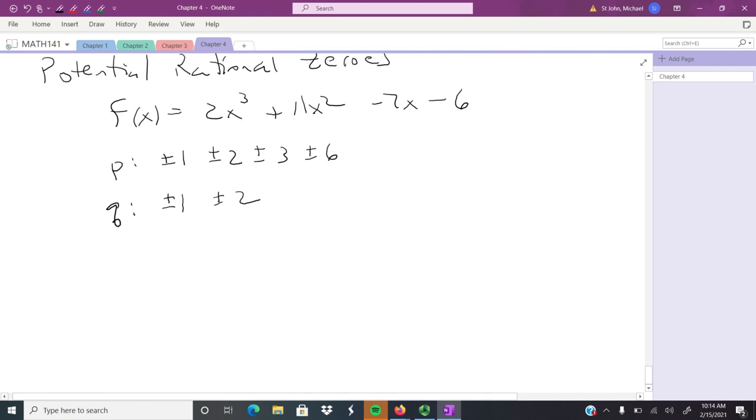Okay, and then the possible zeros are going to be given by p over q.